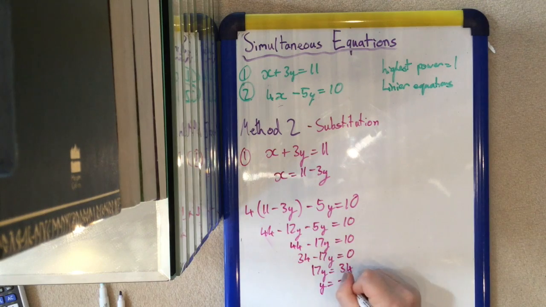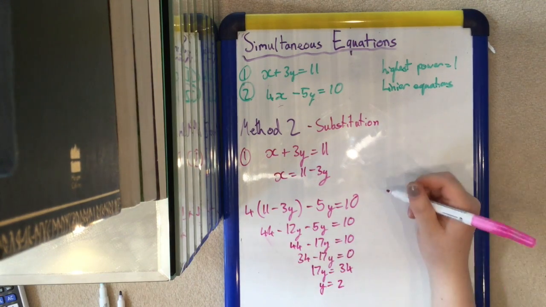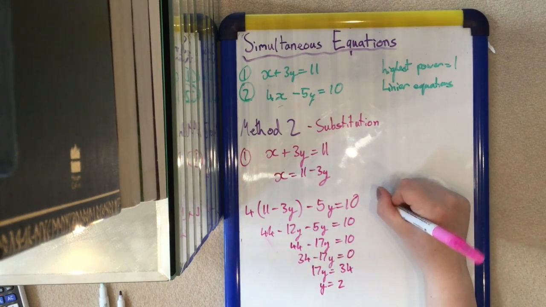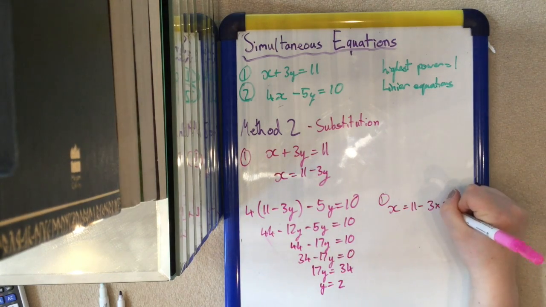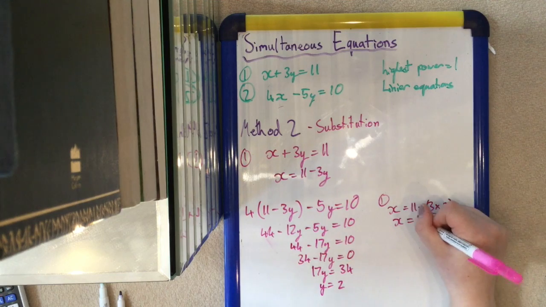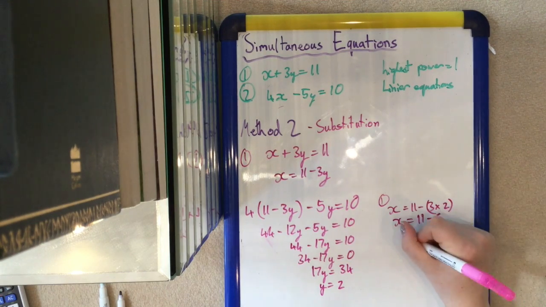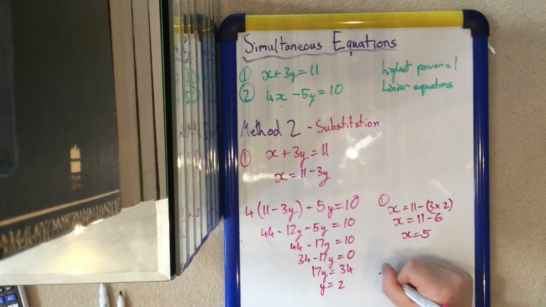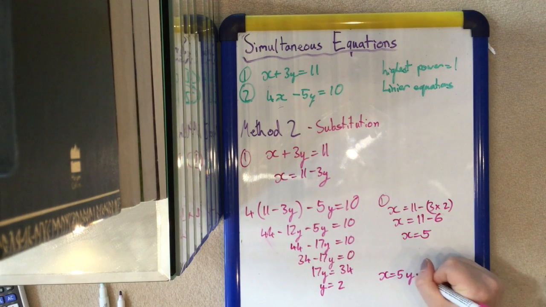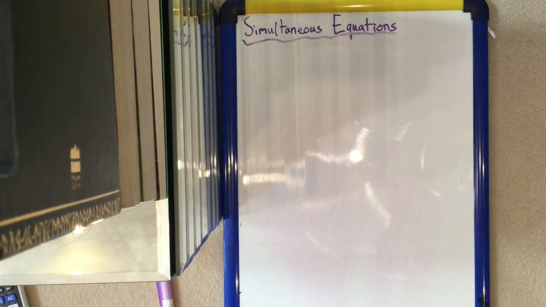Again, y equals 2, and I take this y and substitute it back into equation 1. x equals 11 minus 3 times 2. x equals 11 minus 6, so x equals 5. As you can see, both methods get you to the same pair of solutions of x equals 5 and y equals 2. That's how we solve a pair of linear simultaneous equations.